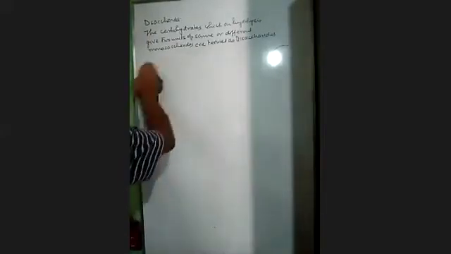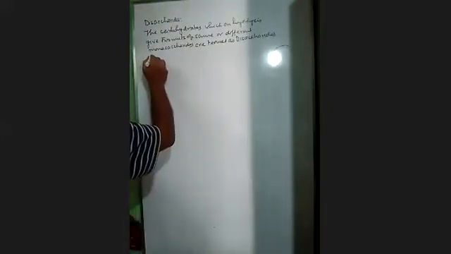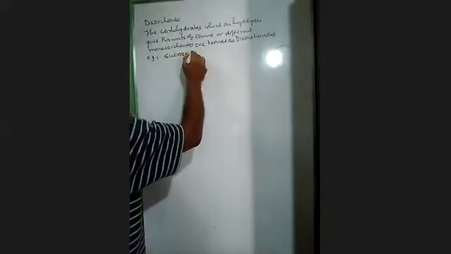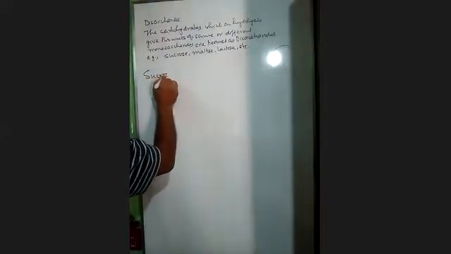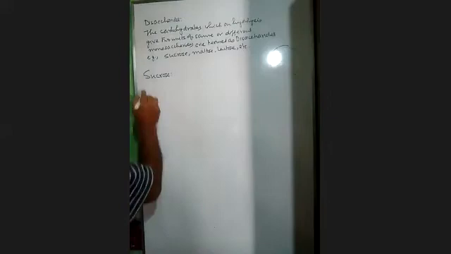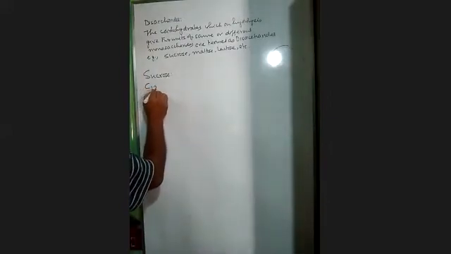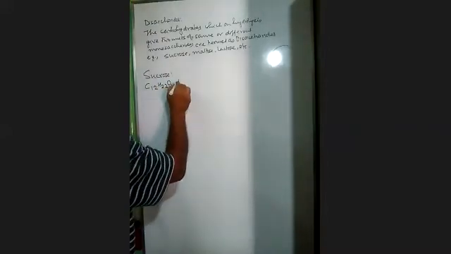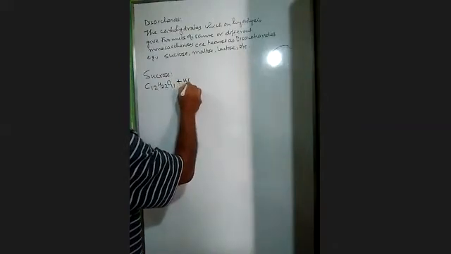So now, what will be the example? Sucrose, etc. Okay, let us go for the first one. Sucrose. Formula is C12H22O11 plus H2O.